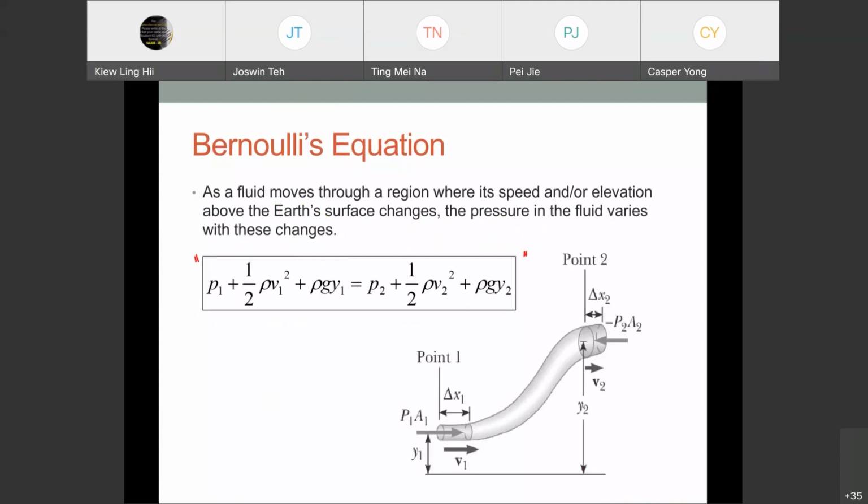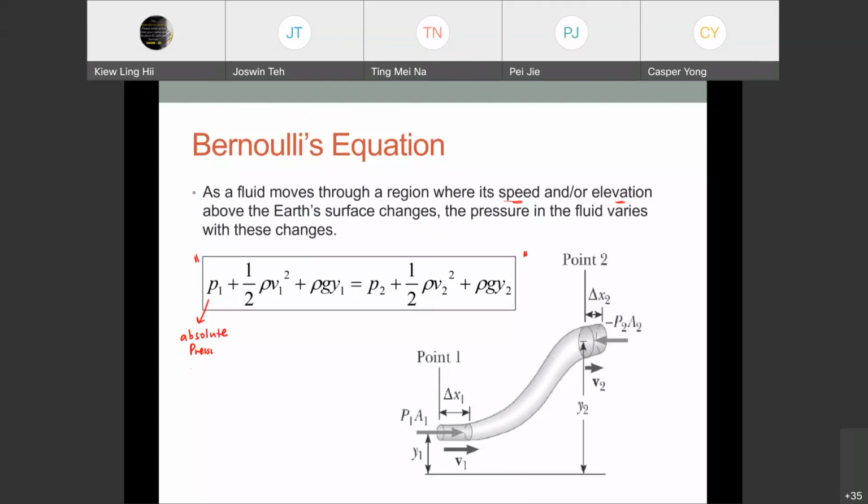So it says that when the fluids move through a region where there is a change in speed, or a change in the position, or we say change in the height, above or below the earth, or above or below the sea level, the pressure in the fluids will vary with this change. So P here, big capital P, stands for the absolute pressure.